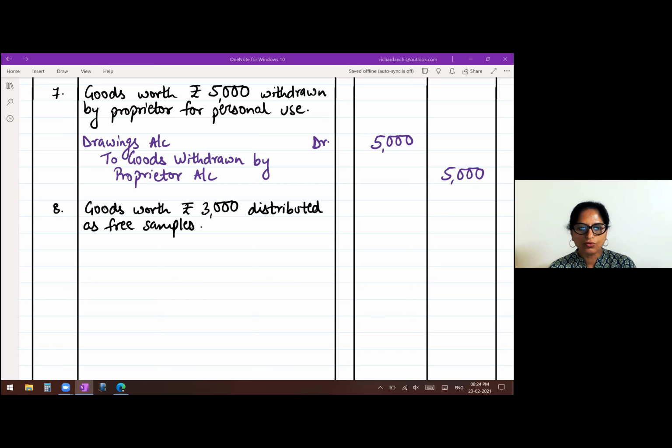So now the 2 accounts here, you cannot write free samples account. You have to write the word advertisement. So entry will be advertisement account debit. Advertisement account debit 3,000.